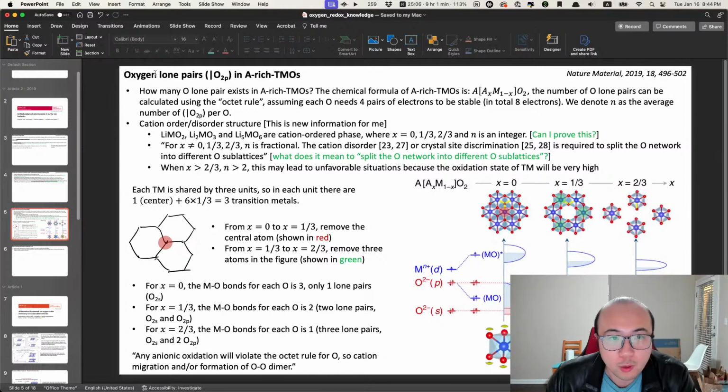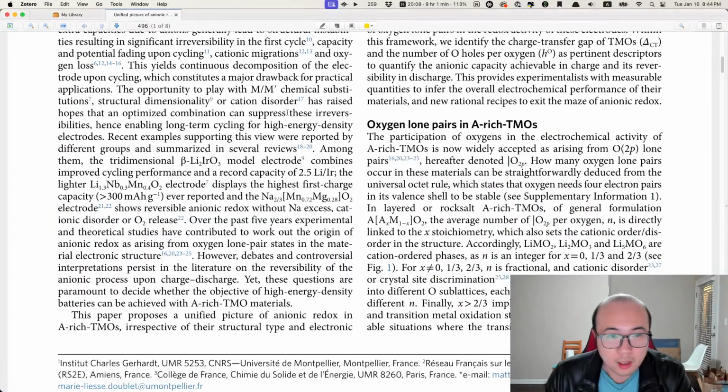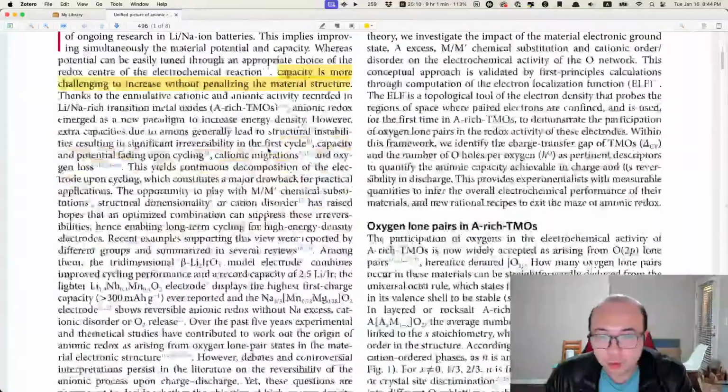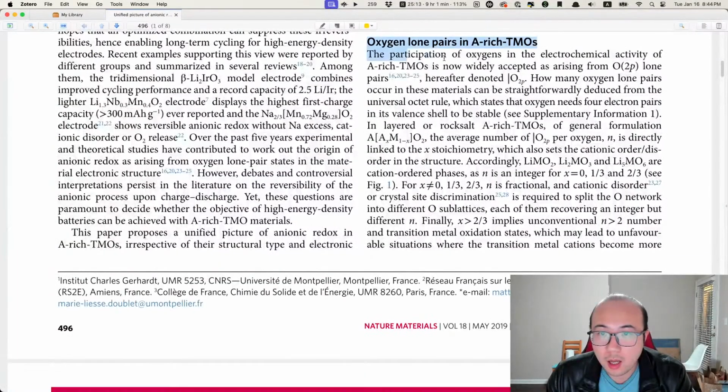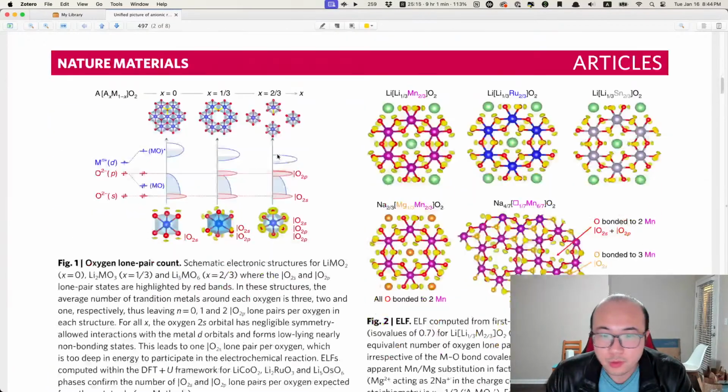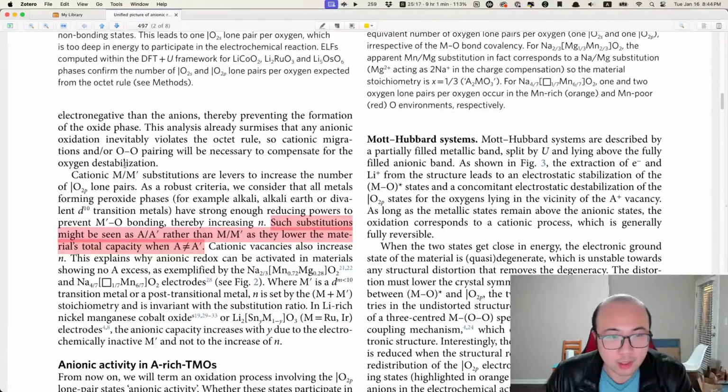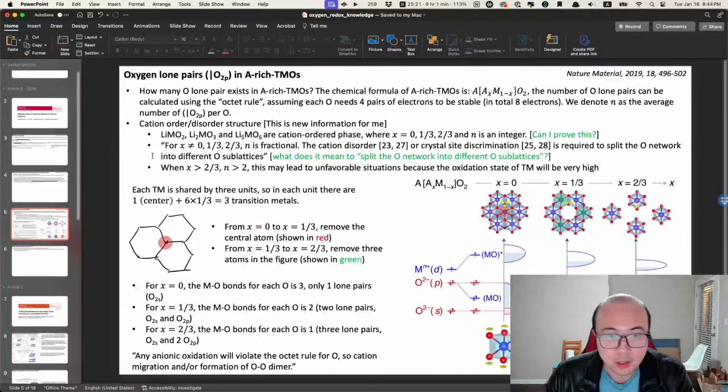Okay, so lone pairs. Up to now, oxygen lone pairs. In this section, they are talking about the number of oxygen lone pairs, and we need to figure out how many oxygen lone pairs are actually in here.